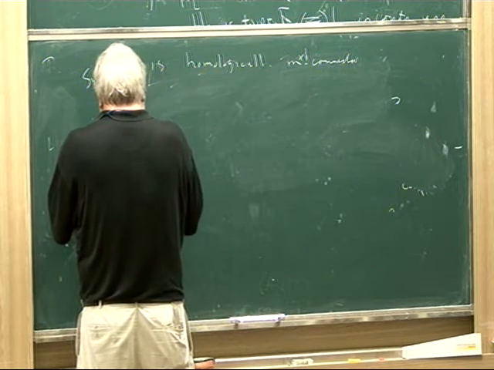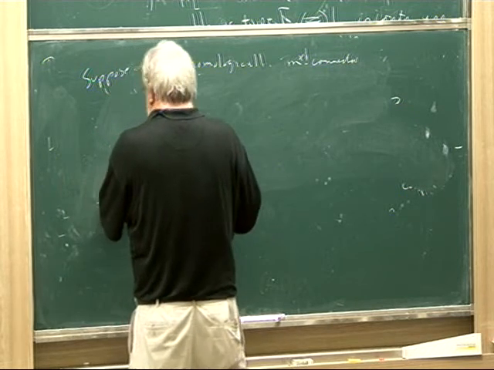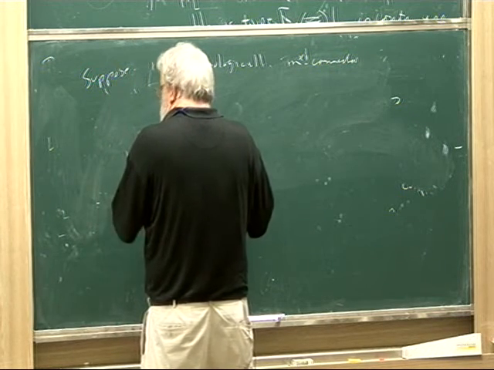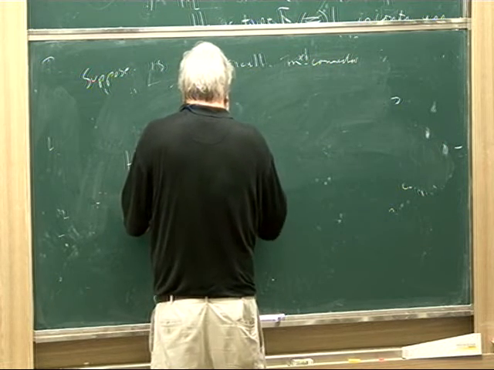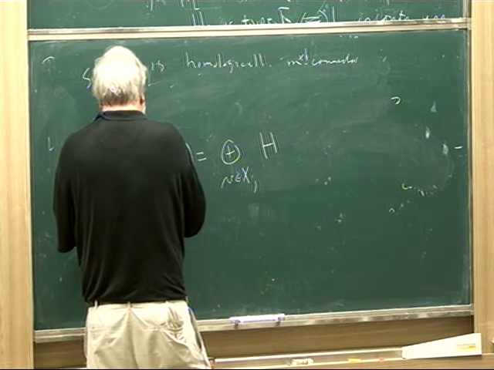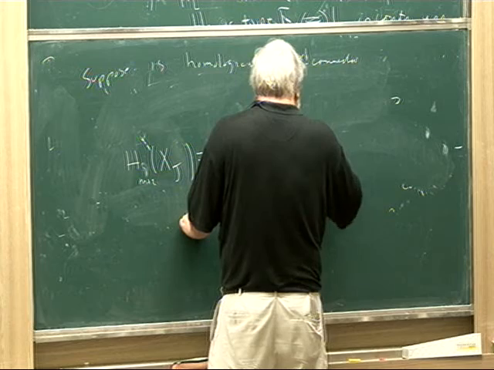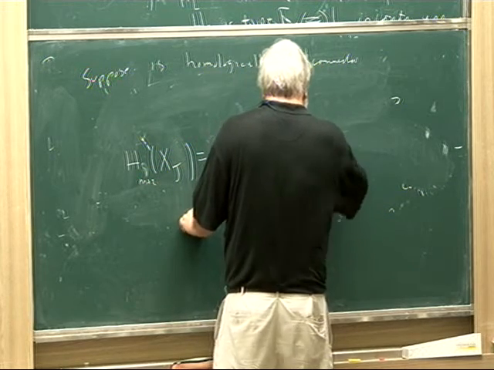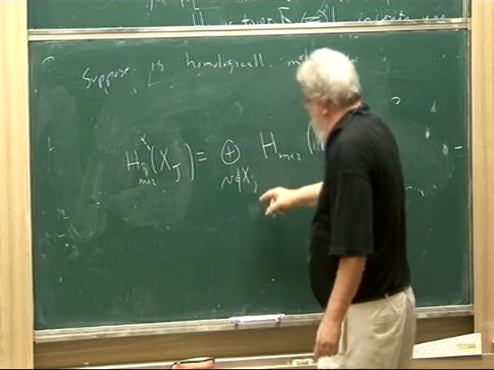So then I have that the homology of Xj looks like this direct sum of, this I guess is m plus 2, I might be off by the indices at this stage, of L, over the vertices which aren't in Xj.